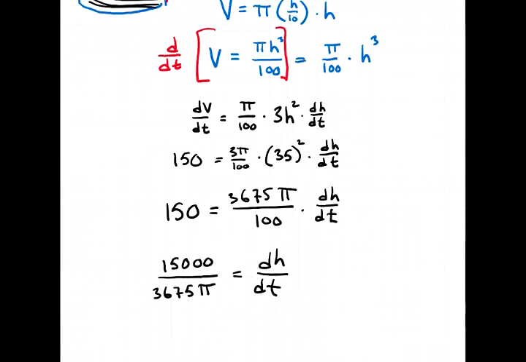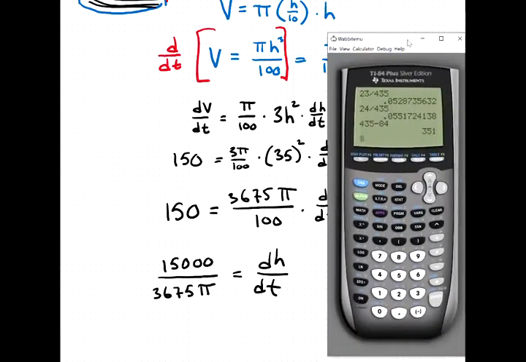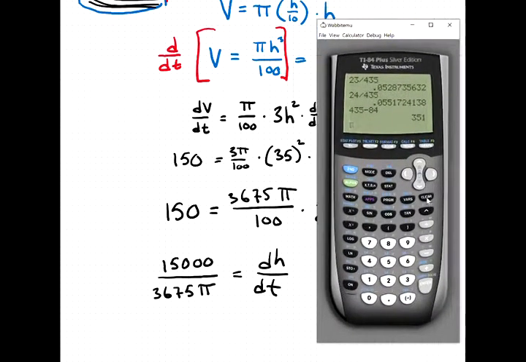If we want to reduce that fraction, yeah, we could probably do that. I'm going to bring over the graphing calculator. So 15,000 divided by 3,675, and we'll convert that to a fraction.